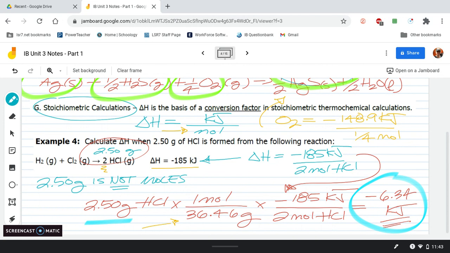That it should be exothermic, that it should warm up. So good example. And we use this idea of delta H as a conversion factor. We use that as we keep moving forward and practicing. So great example.